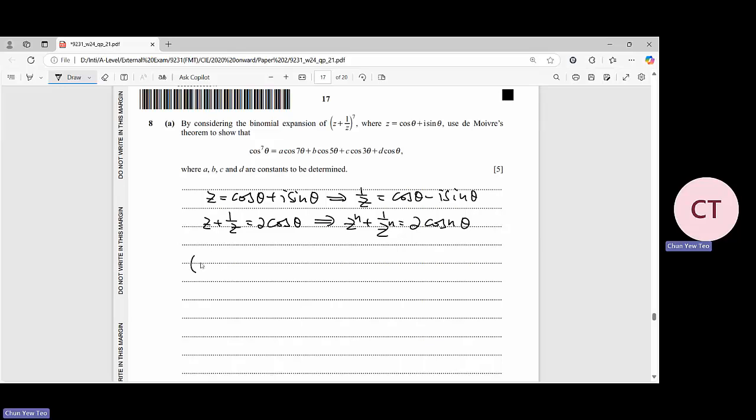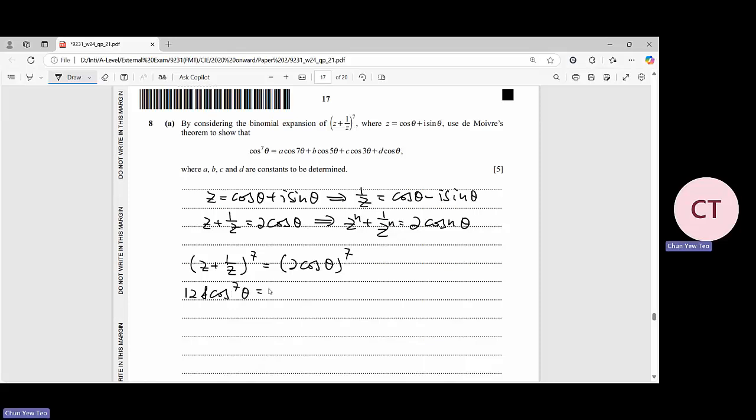So now, z plus 1 over z to the power 7 is equal to 2 cos theta to the power 7. I will write this 2 cos theta to the power 7 on my left hand side, so I make this one become 128 cos to the power 7 theta.